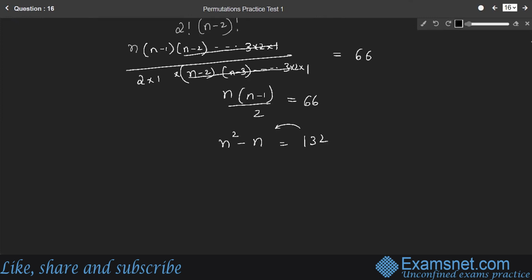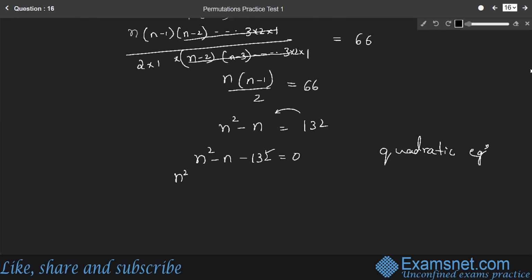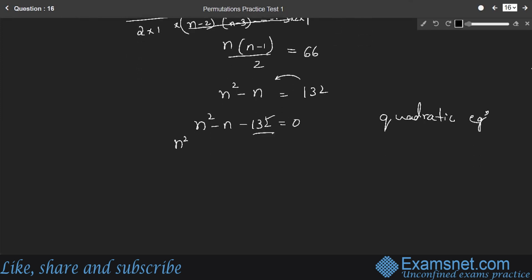Take this 132 to the LHS. n square minus n minus 132 is 0, a quadratic equation. Find the value of n by splitting the middle term. For this quadratic equation, the middle term has the coefficient minus 1 and the last term is minus 132. So the product of two numbers should be minus 132 and their sum should be minus 1, which is the coefficient of n.